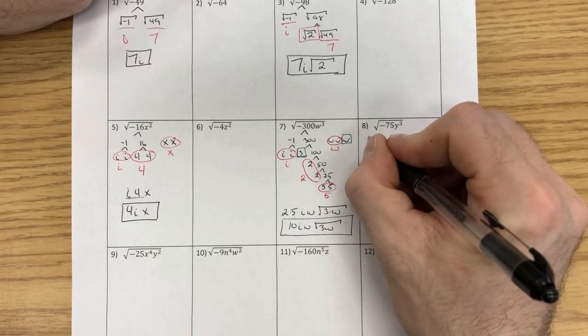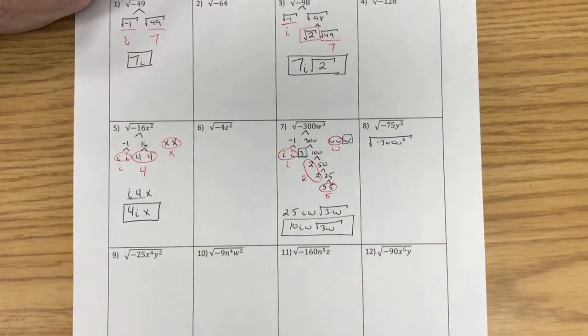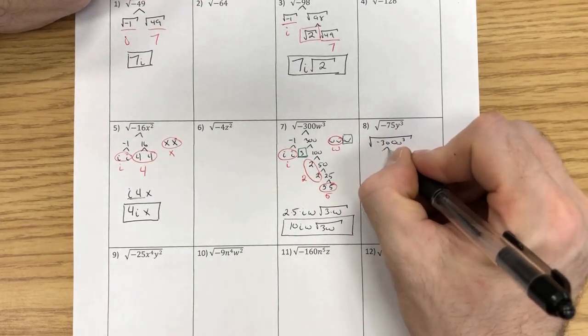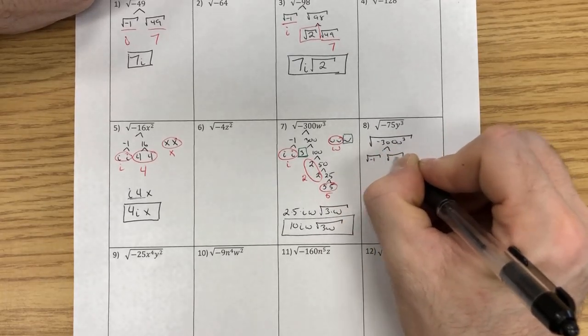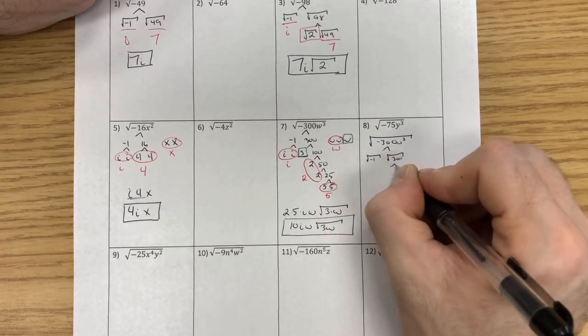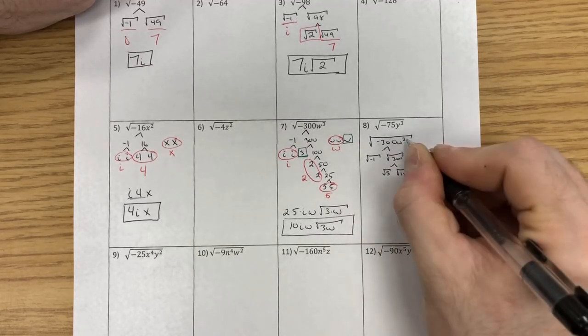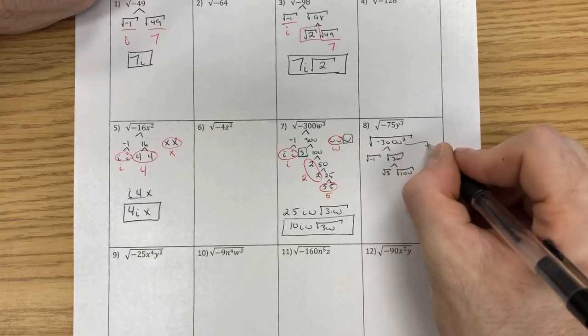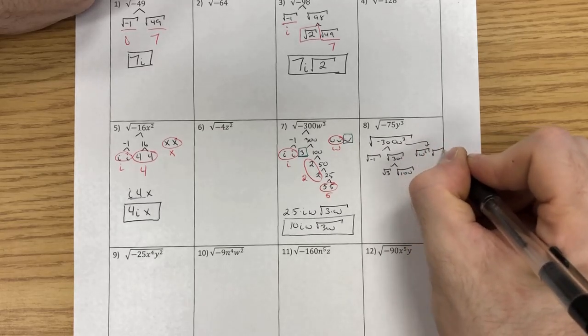Let's say I take the square root of -300, w cubed, and I do it like we did in number 3. And I say, okay, that's the square root of -1 times the square root of 300. That's the square root of 3 times the square root of 100. This is going to be the square root of w squared and the square root of w.